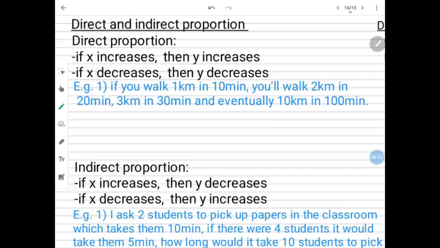So let's look at direct proportions. Direct and indirect proportion refers to how two values relate to each other.